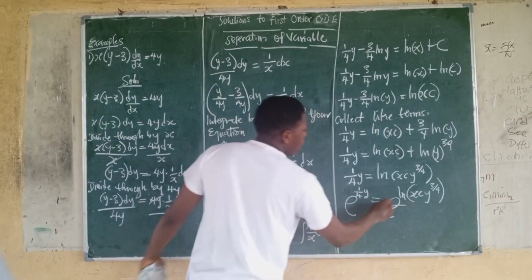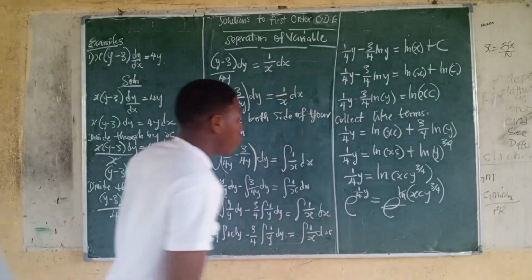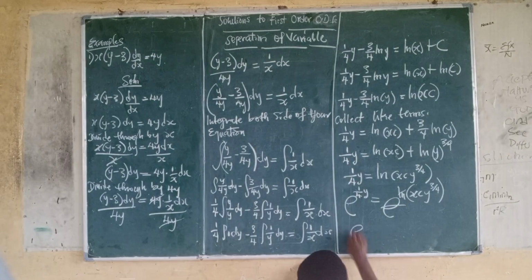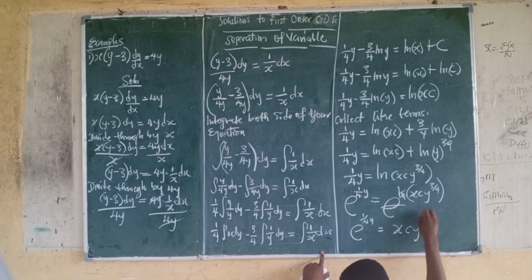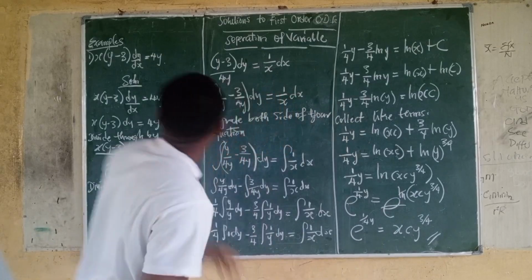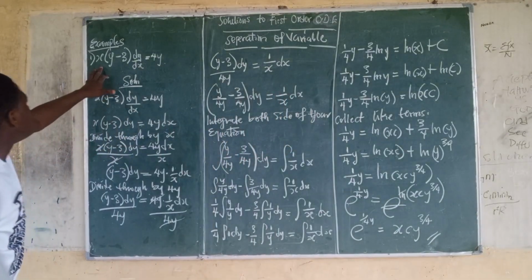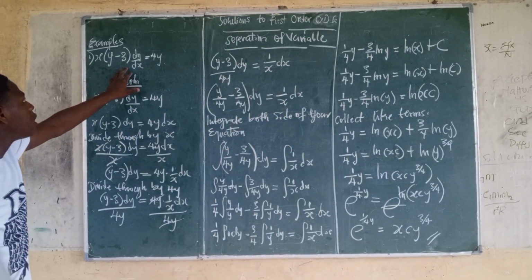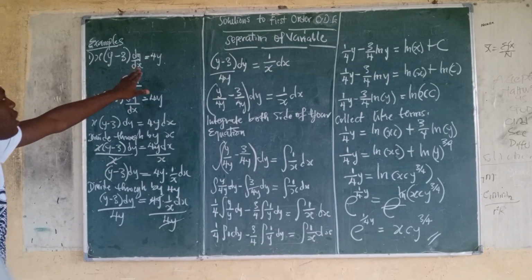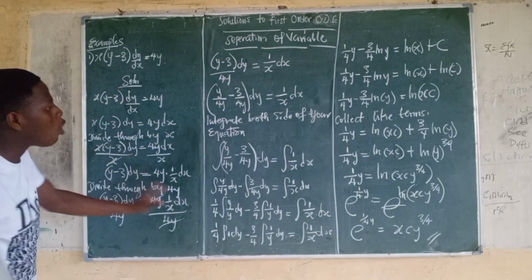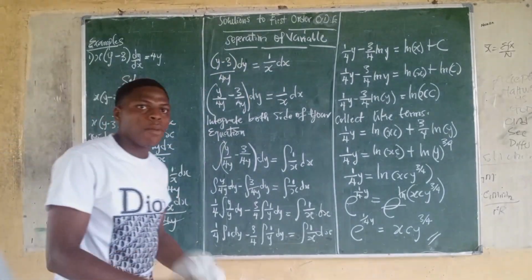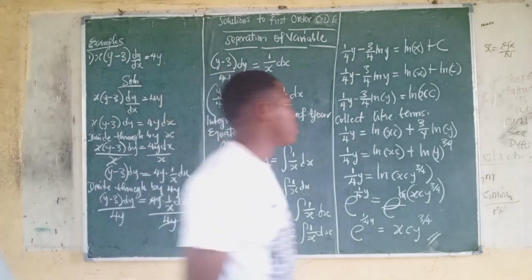So your exponential can remove this ln, and you are left with exponential 1 over 4 y is equal to xcy raised to the power of 3 over 4. So you simplify what you have here, which is x bracket y minus 3 dy over dx, and this is equal to 4y. We've used our separation of variable to solve our solution. Let's take more examples for more clarification.